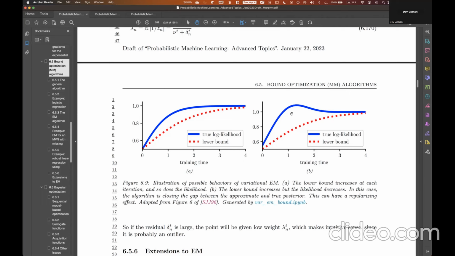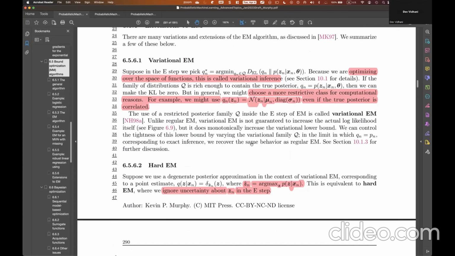So this is what this example is saying: when you're trying to find this function that maximizes your likelihood, it's an estimate, and you may sometimes go past it as well.